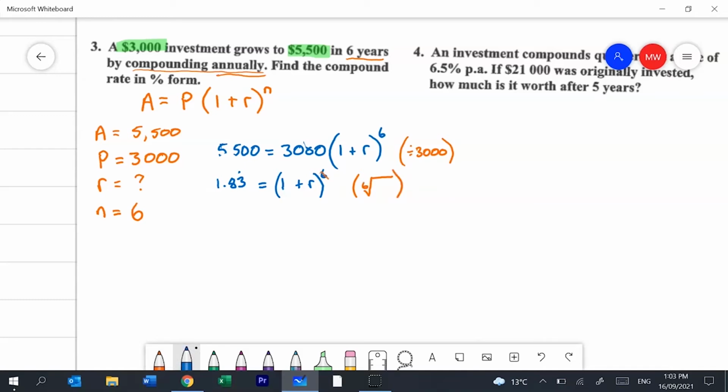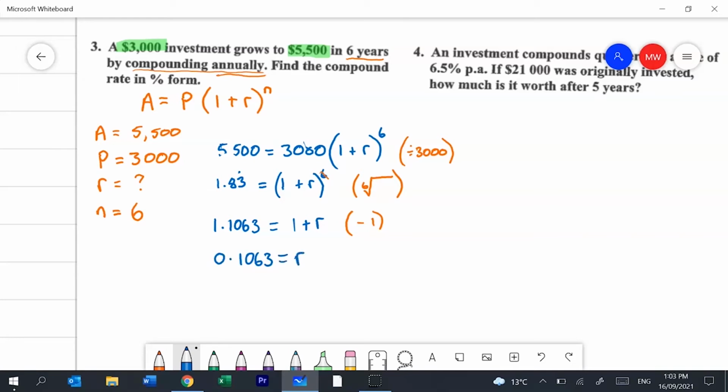And so again, using a calculator, 1.1063 will be 1 plus r. Let's get rid of that 1. So I will take 1 from both sides, and I'll end up with 0.1063 being my rate.